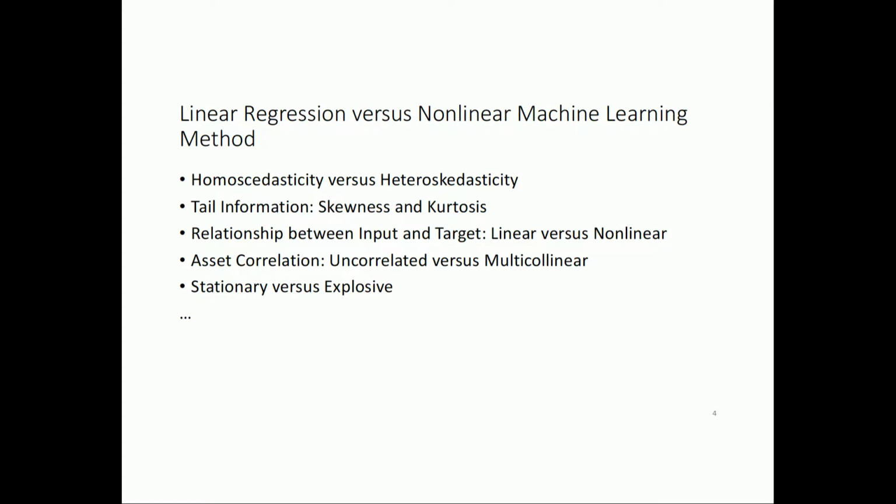So when I conduct data analysis, there are a few aspects I'd like to consider. One is if there is homoscedasticity. In other words, if my volatility is clustered. The other one is I'm also interested in the distribution, in the tail information.